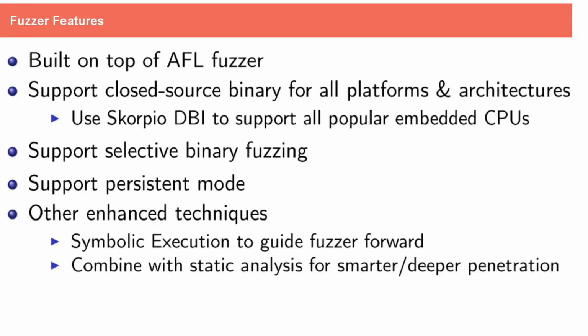We support selected binary fuzzing, which means that unlike other DBIs like Pin or DynamoRIO, when you use Pin or DynamoRIO to instrument your program, it instruments the program from the start, right? There's no choice, it's always instrumented. But because Scorpio is using a hooking mechanism, you can choose where to instrument.